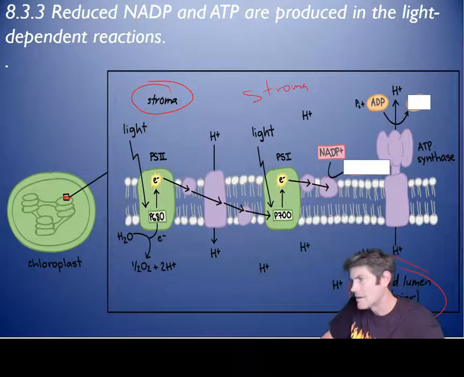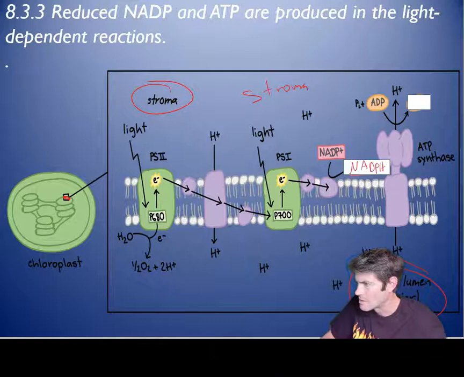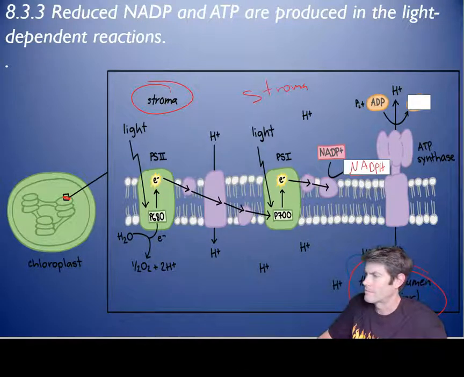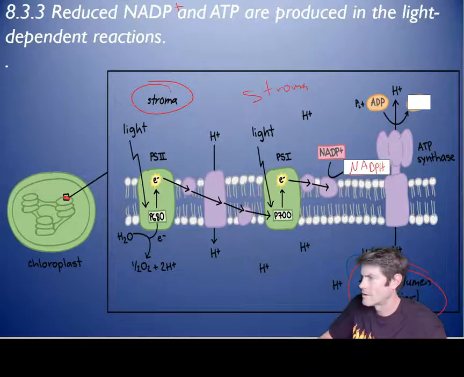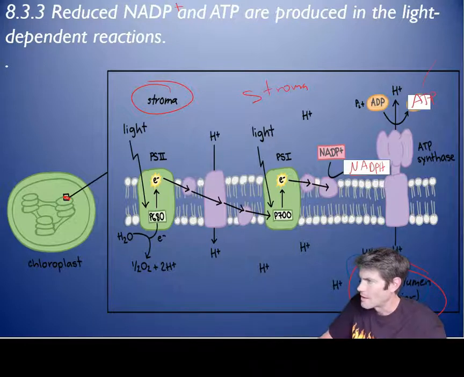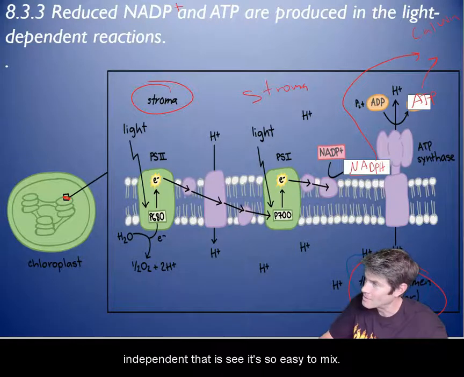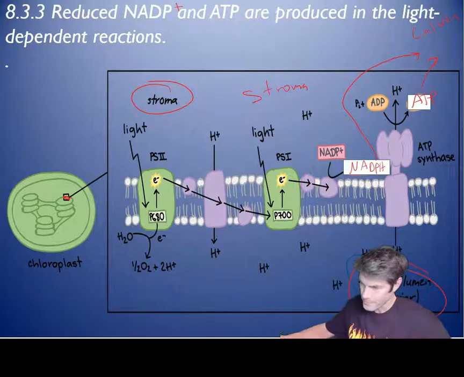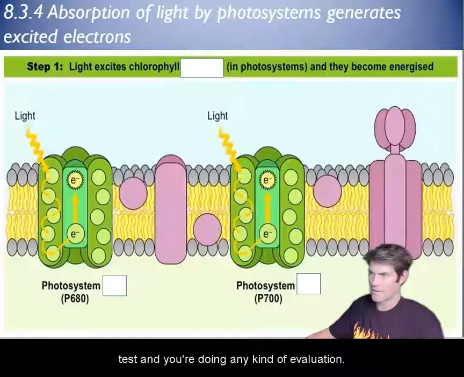And this NADP is coming in off of the Calvin cycle, and it's getting turned to NADPH. NADP recharged, basically. And that ADP is turned into ATP and ready to go to the Calvin cycle, or the light independent, that is. See, it's so easy to mix up. So, word of advice, slow down when you're on your test or you're doing any kind of evaluation.